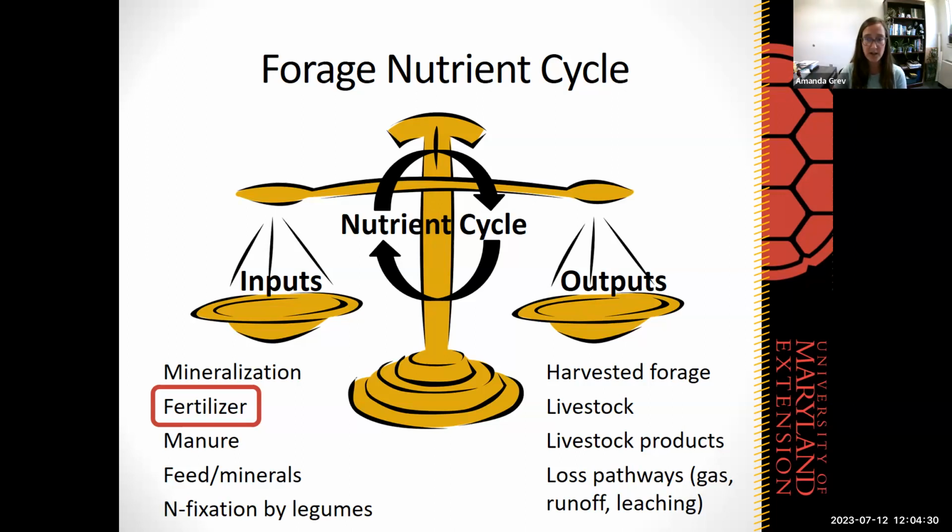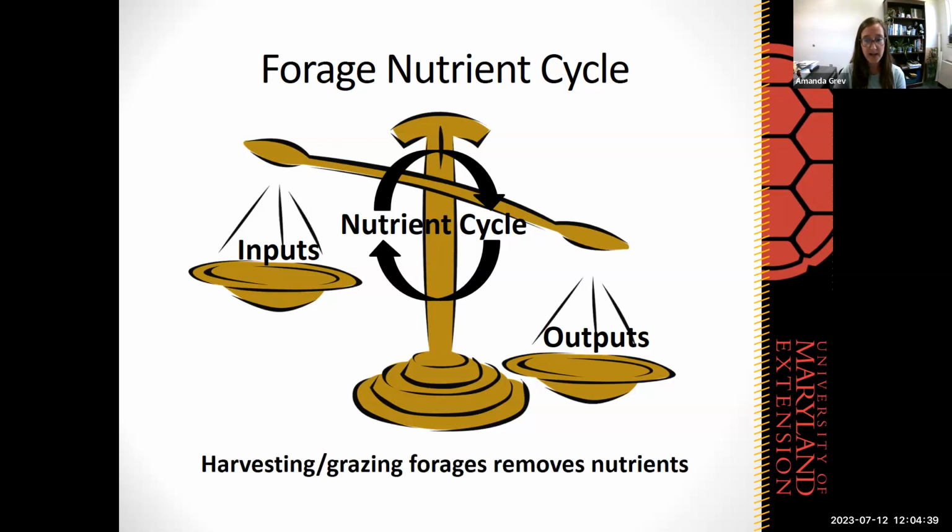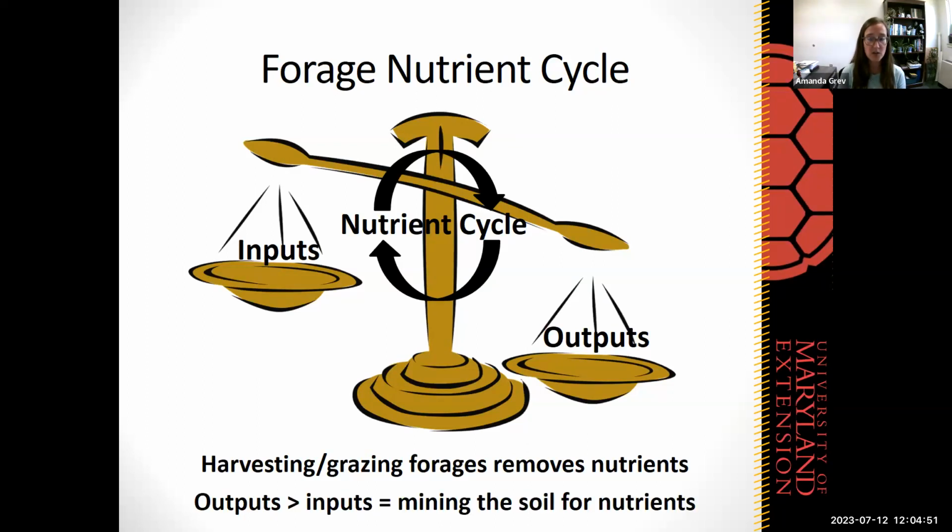So the problem when we have this cycle is when our inputs and our outputs start to get a little bit off balance, right? And we know that harvesting and grazing both remove nutrients from a system. We'll talk about the difference between those two types of systems here in a minute. But in general, when our outputs start to outweigh or become greater than our inputs, essentially what we're doing is mining that soil for nutrients, right?